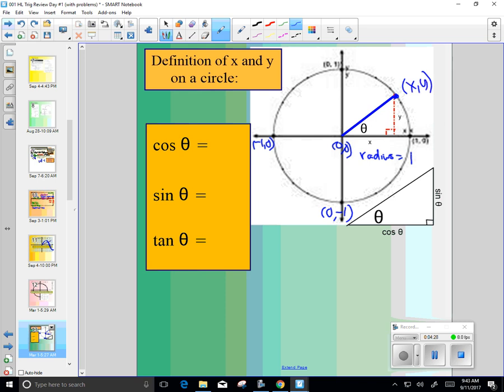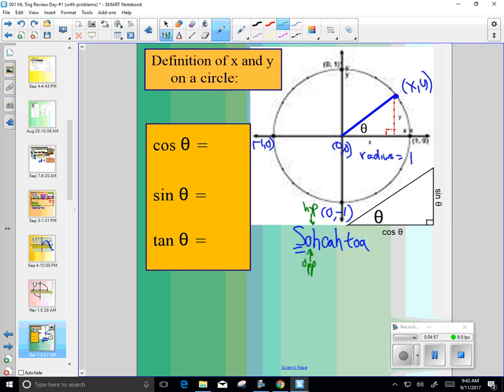Then we're going to use SOHCAHTOA, which is a relationship. What was sine equal to on our triangle? This was opposite, and this was hypotenuse.